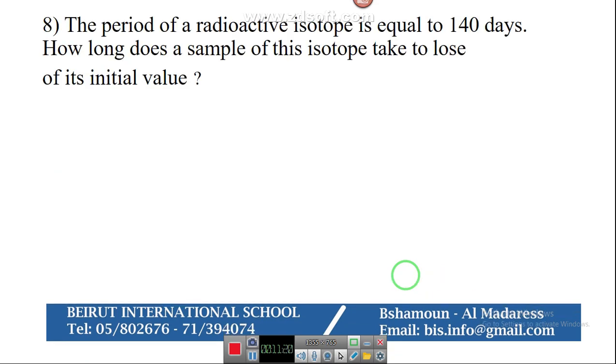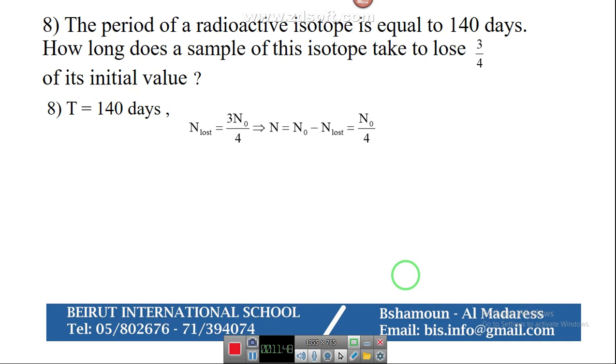Question number 8. The period of a radioactive substance is equal to 140 days. How long does a sample of this isotope take to lose 3 over 4 of its initial value? In this problem, T equals 140 days, and lost equals 3 over 4 N0.